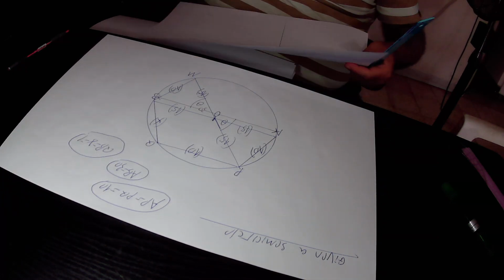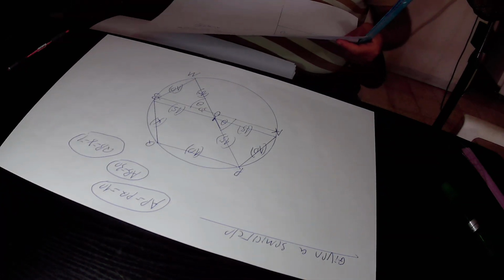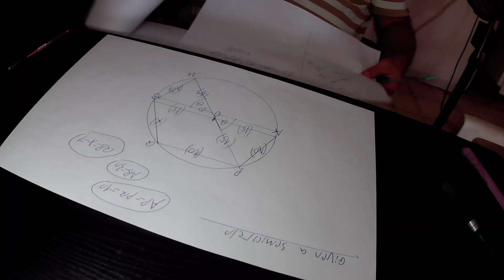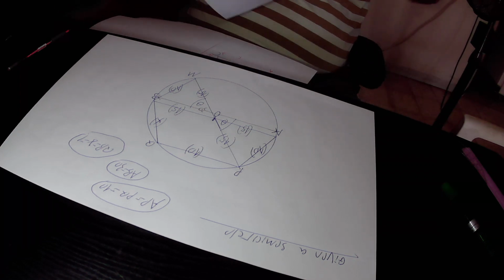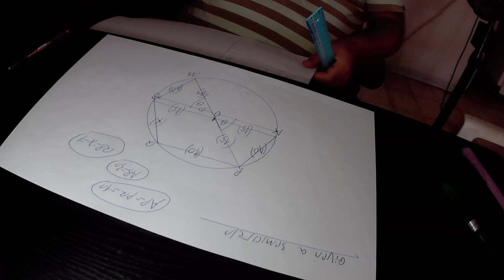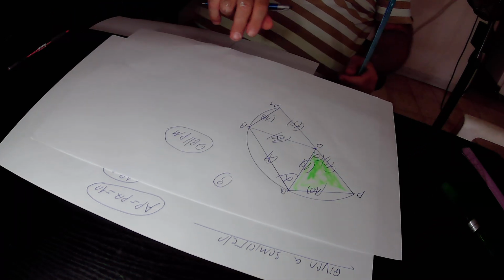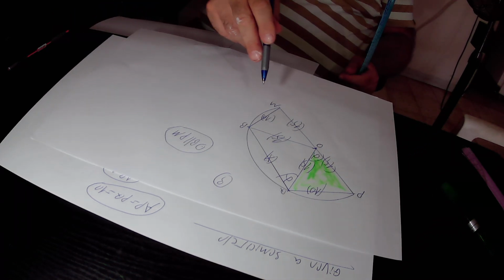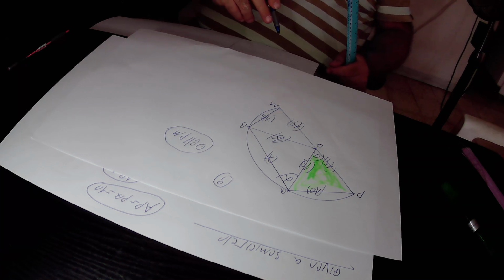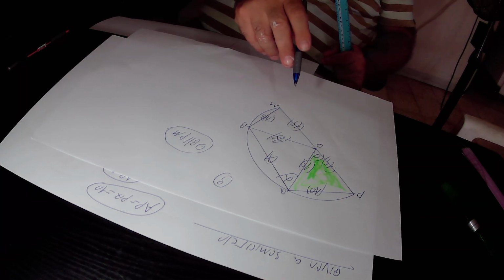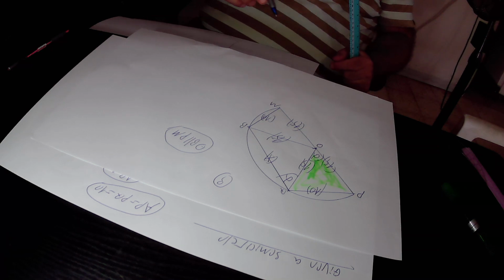In the next step, I copy triangle QOB, and now we will implement the law of cosines in the triangle QOB.